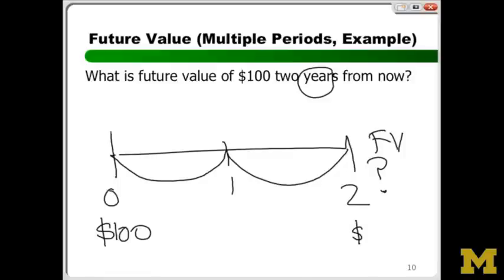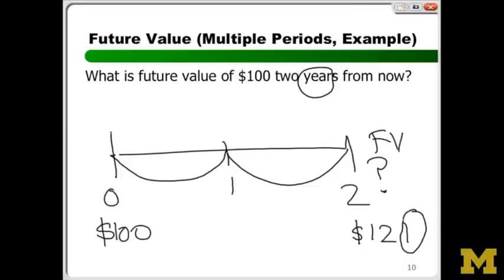The answer will be $121. It's clearly more than 110, but it's 121. And that $1, if you understand where that's coming from, you'll see how it'll blow your mind when you increase the number of periods.